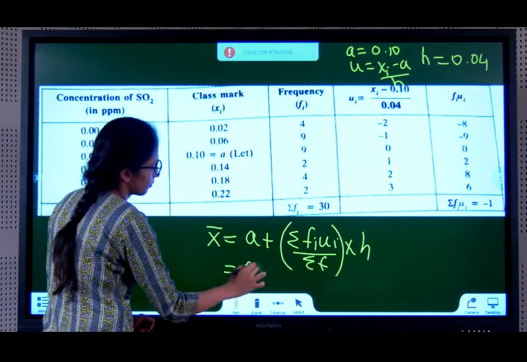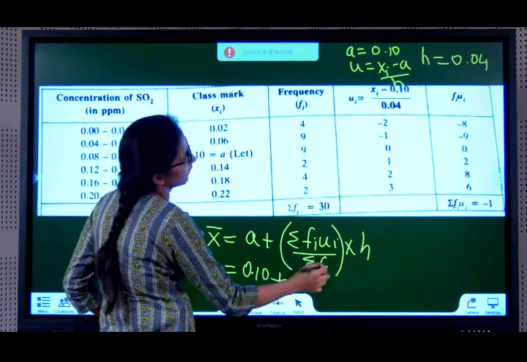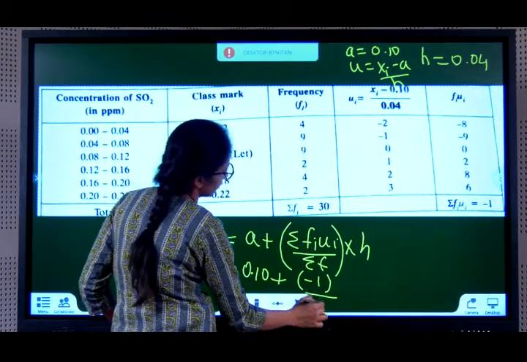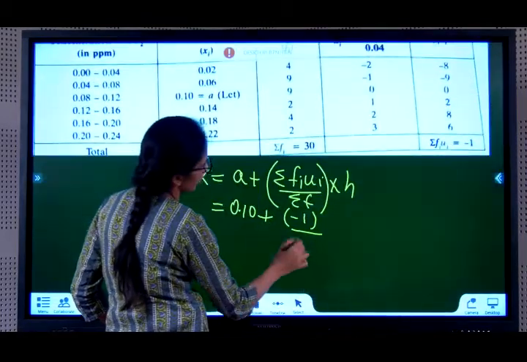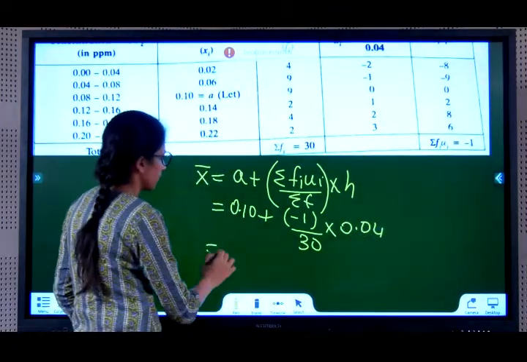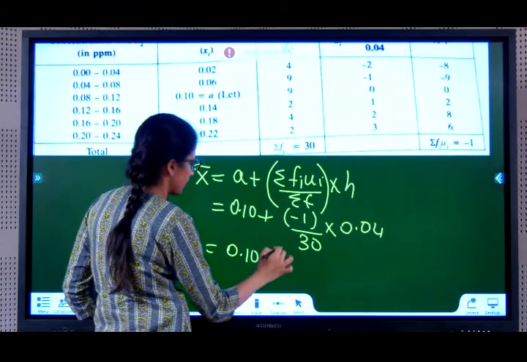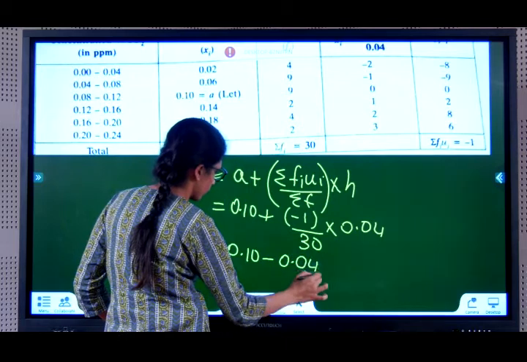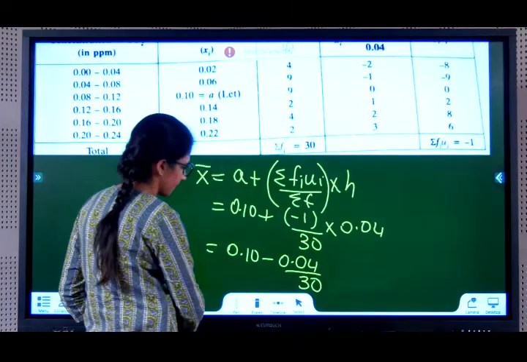Assumed mean 0.10 plus summation fi ui -1, summation f 30, h 0.04. 0.10 plus minus 1 by 30 into 0.04.